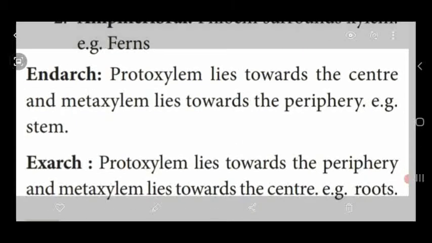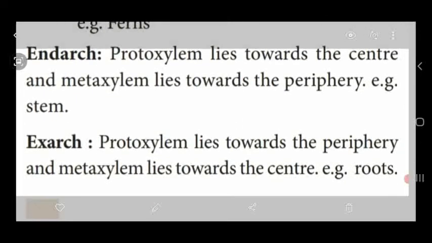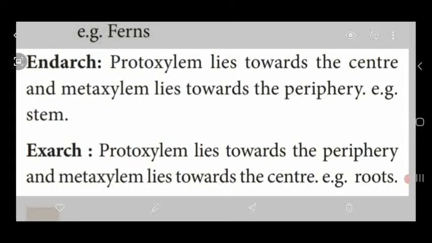Then different types of xylem are also there. 2 types of xylem. One is the endarch xylem, another one is the exarch xylem. What is endarch xylem? Endo means inner. Exarch means outer. Which one is the outer region? Which one is the inner region?